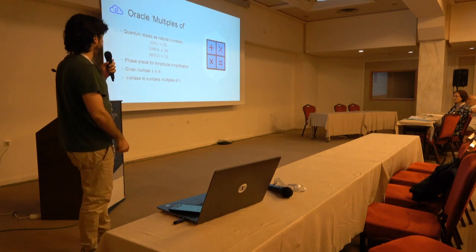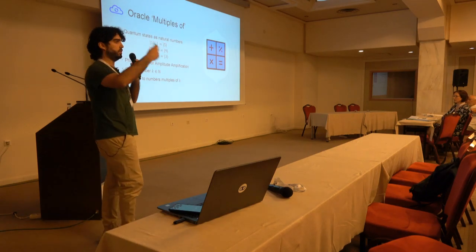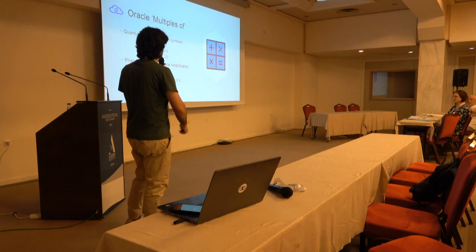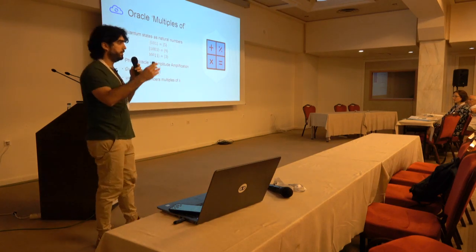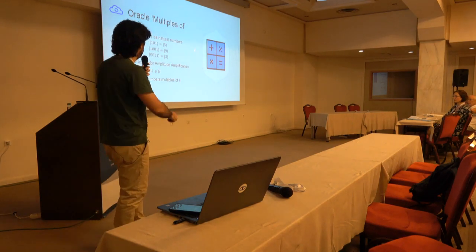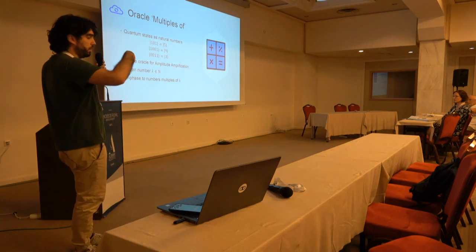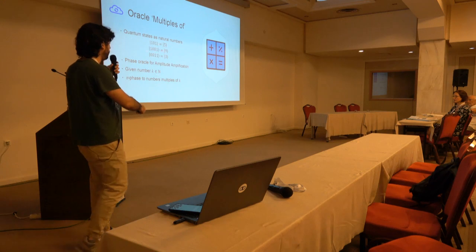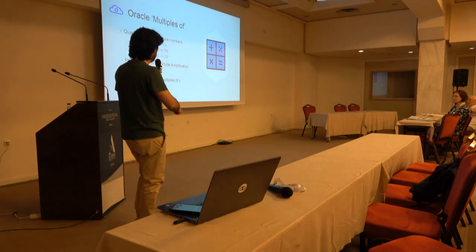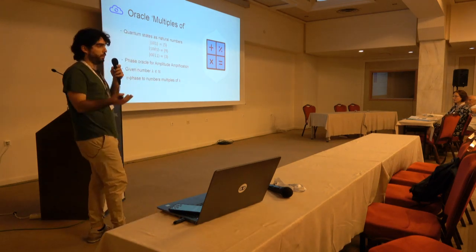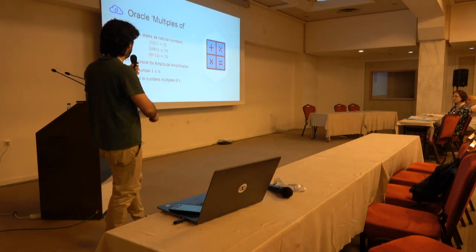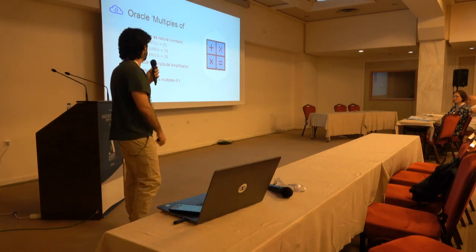So our point is, okay, let's search for multiples of a number. So if we treat the different states as natural numbers, such as 101 is 5 in binary, and we can keep continuing, like 9 would be written as 1001, and you can also express 3 with 4 qubits, but the more significant ones are zeros.